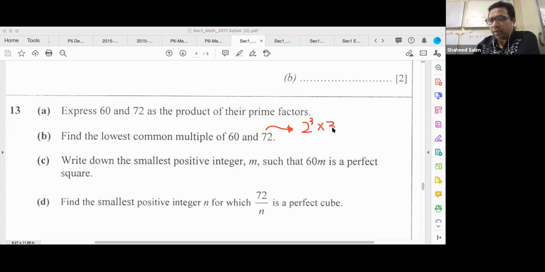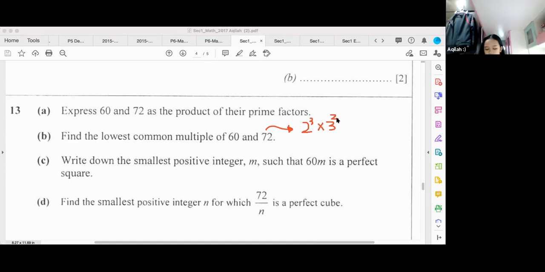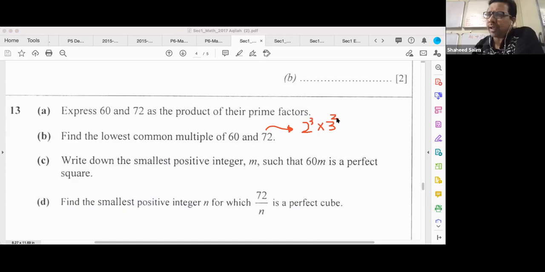This is what your prime factorization is, right? So you see, divide by 6. Almost there.